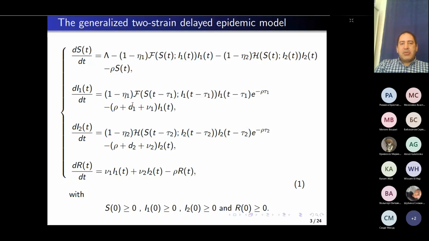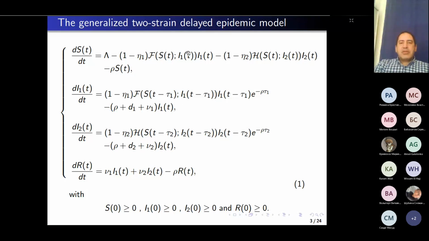Sorry, d1 is the mortality caused by the first strain infection. d2 is the mortality caused by the second infection. Mu1 is the rate of recovery of the first strain, and mu2 the recovery rate of the second strain.